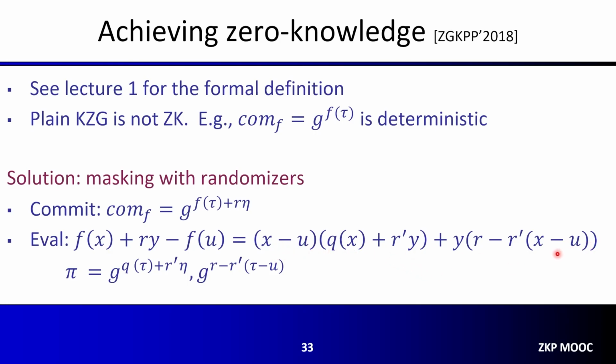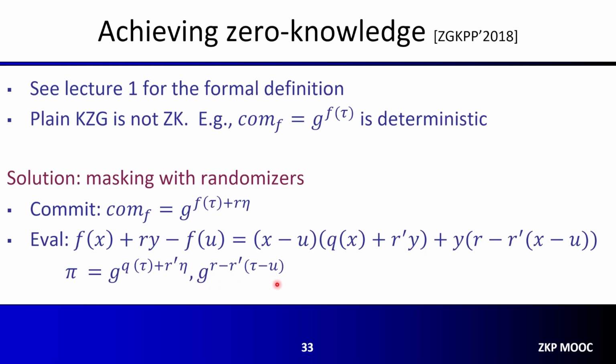With this decomposition, we can actually generate the proof pi consisting of two elements. The first element is g to the power of q of tau plus r prime eta, which is essentially evaluating this polynomial inside the first parenthesis at point tau substituting x and eta substituting y.